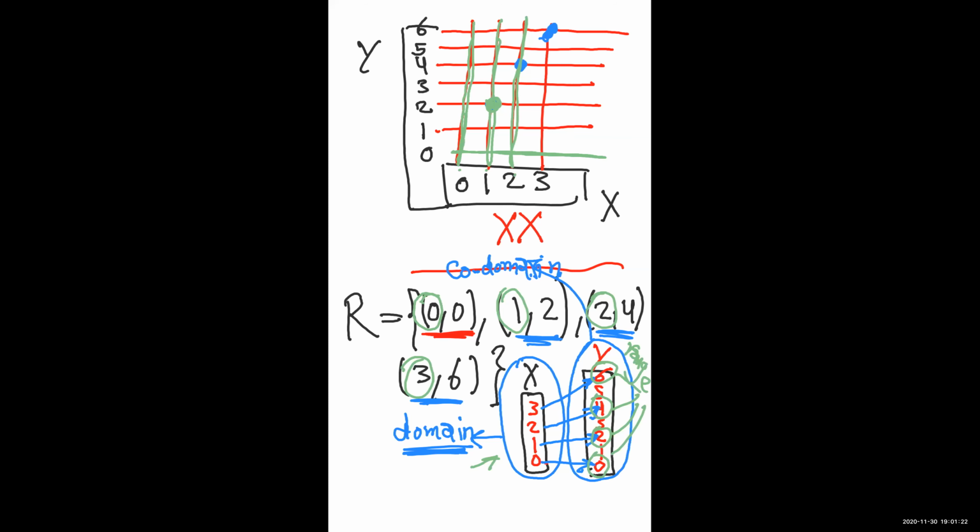Okay, so let's check one question to understand this point well. If X equals the set of 1, 2, 3, 4, and Y equals the set of 1, 3, 5, 7. Some relations are given.